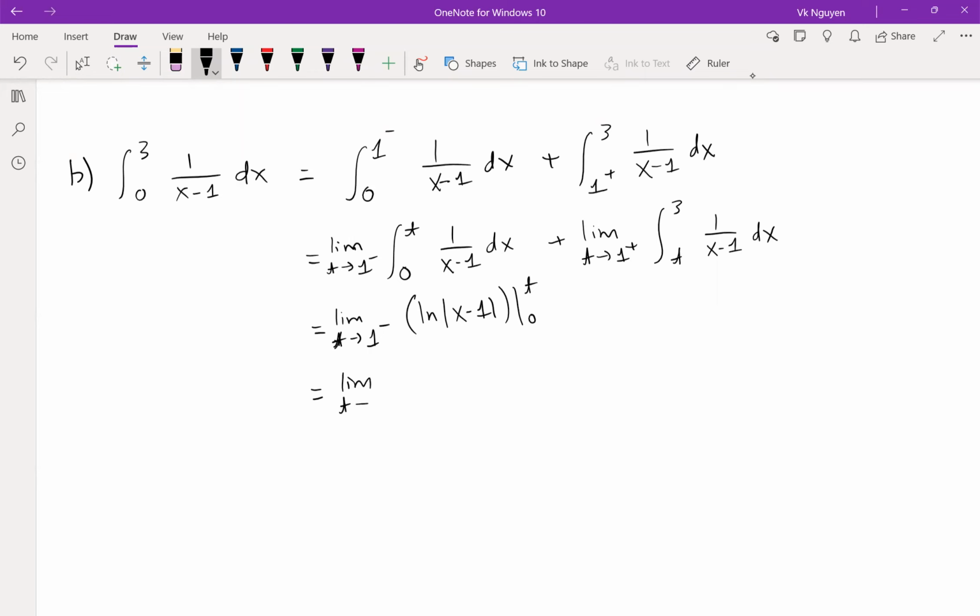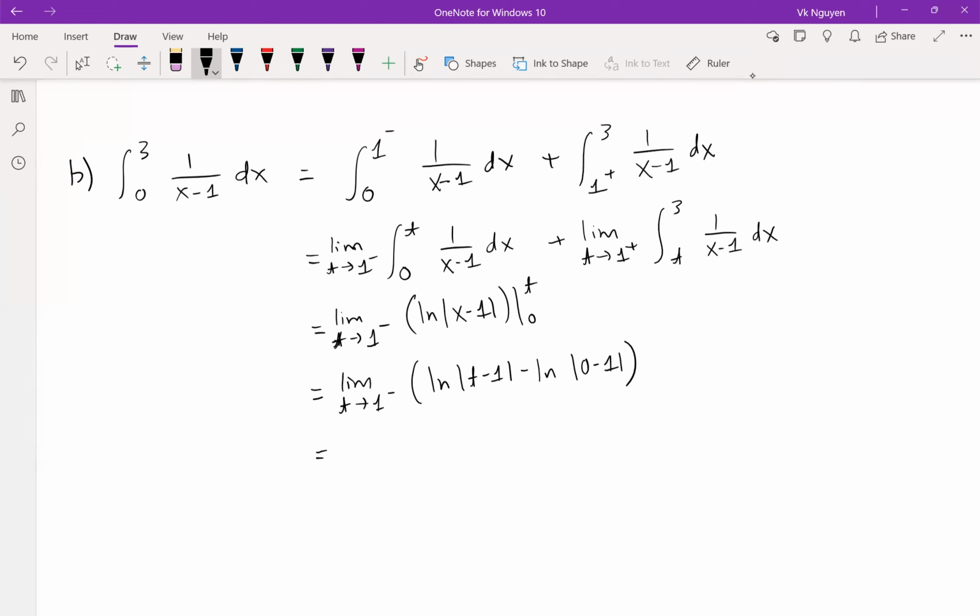Limit t goes to 1 on the left side of ln absolute value of t minus 1 minus ln absolute value of 0 minus 1.